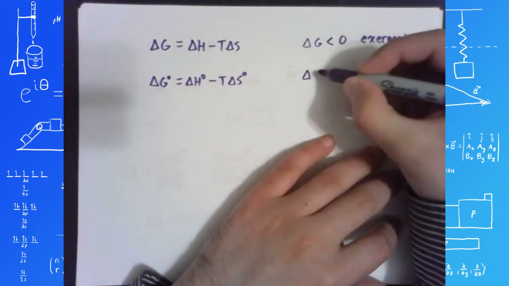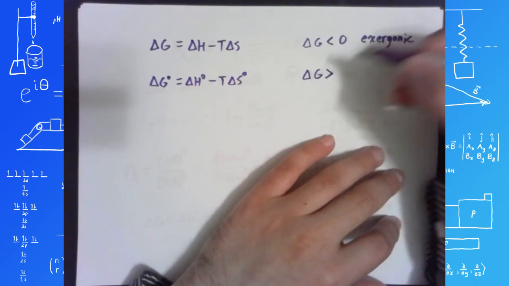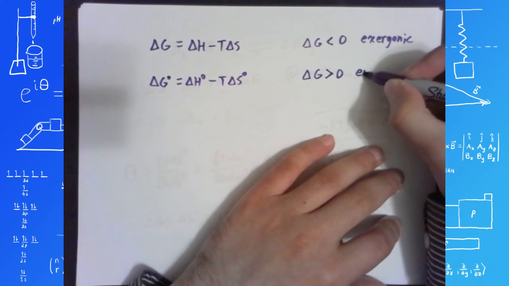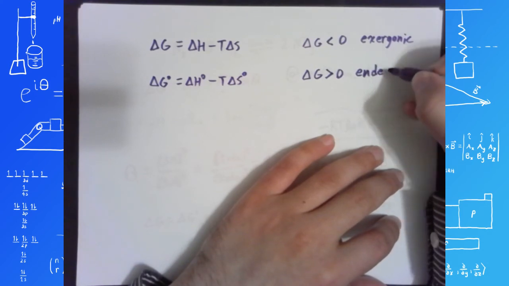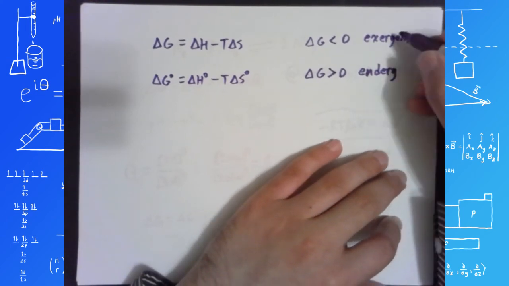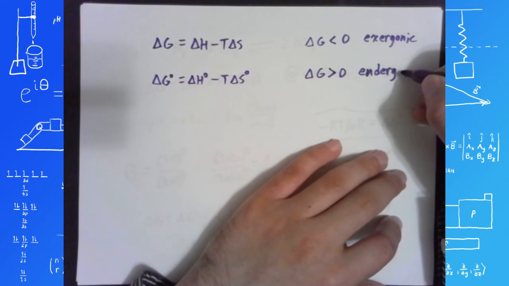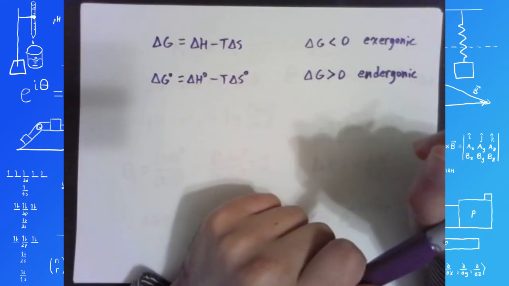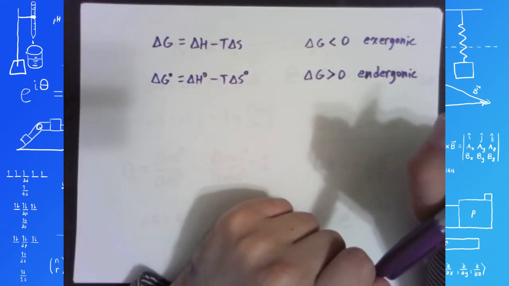And a positive delta G for non-spontaneous processes is called endergonic. So the same way we have exothermic and endothermic for enthalpy, we have exergonic and endergonic for free energy. And you might be wondering, well, what are the names for a positive and negative delta S?